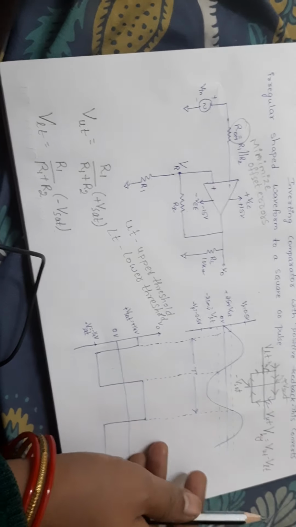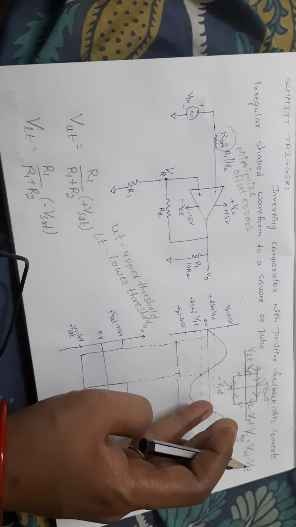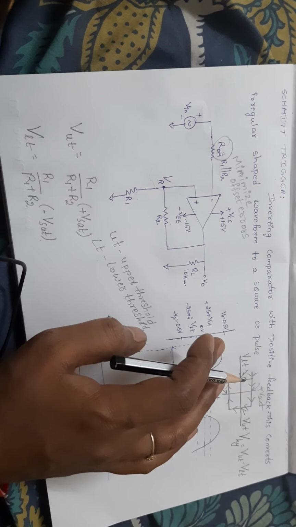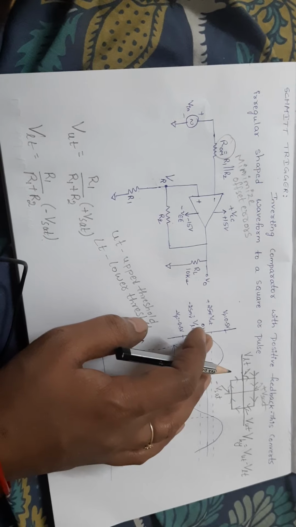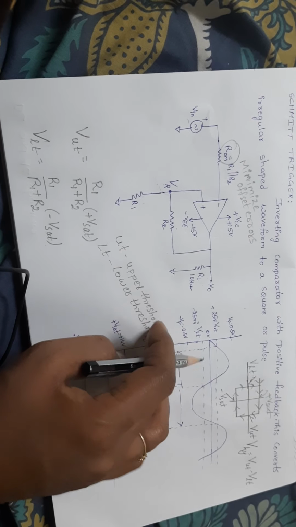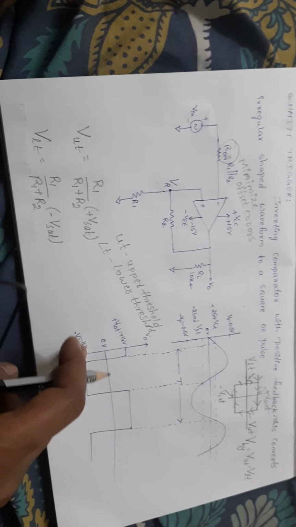So this is the explanation about the comparator, zero crossing detector, and then the Schmitt trigger. The Schmitt trigger topic comes from the comparator and zero crossing detector. It is going to convert the sinusoidal waveform into the square waveform.